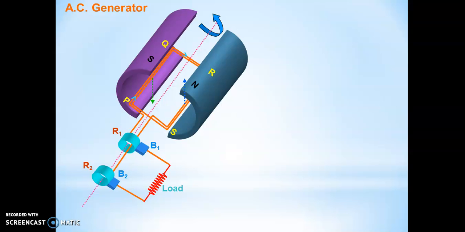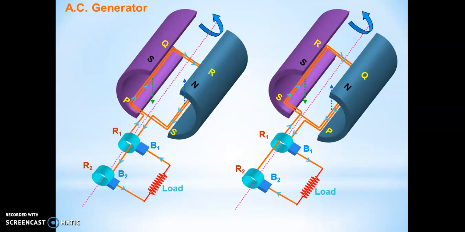Again, here I have one more diagram for you. This is the diagram when the current is moving in the direction PQRS. Now, after the half rotation, the direction of current has to be the same, because we have the same magnet here. But as you can see, the arm has been reversed.